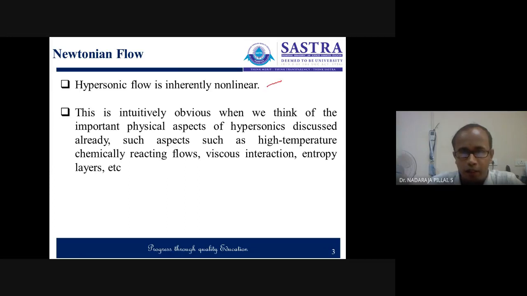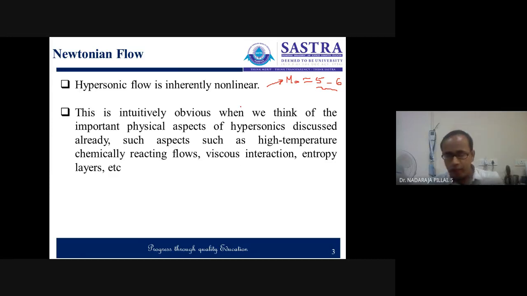We can say it is hypersonic flow where M infinity is something like 5 or 6, but we had a discussion that this is because of the thin shock layer, entropy layer, viscous interaction, high temperature, low density, high density ratio. Like that, we had the physical aspects. Hence, we can say that hypersonic flow is non-linear, right?